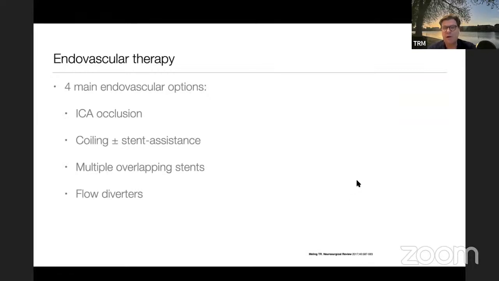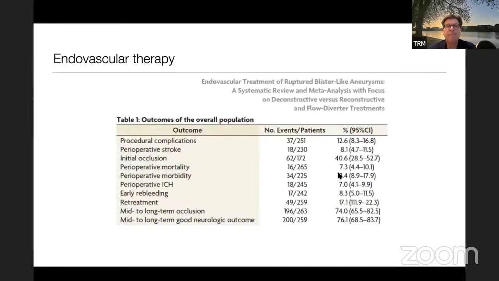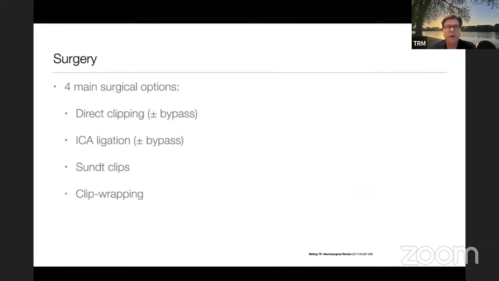Endovascular options: ICA occlusion, coiling with or without stent assistance, multiple overlapping stents, and flow diverters. But here you can see endovascular therapy has quite a few procedural complications, perioperative strokes, etc. So endovascular treatment is not brilliant for these.